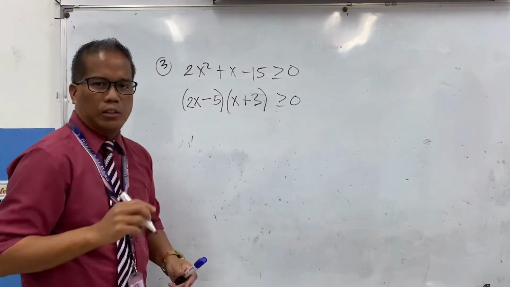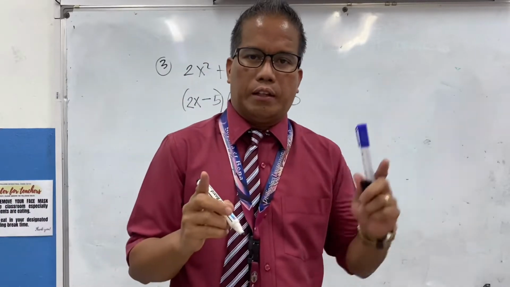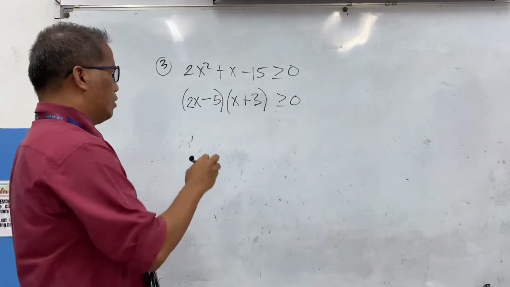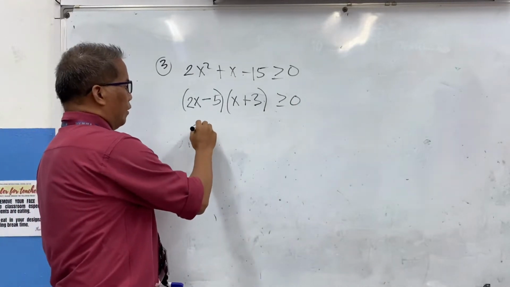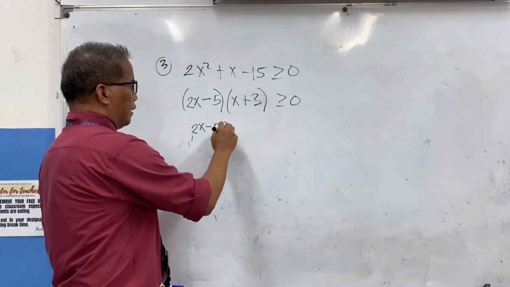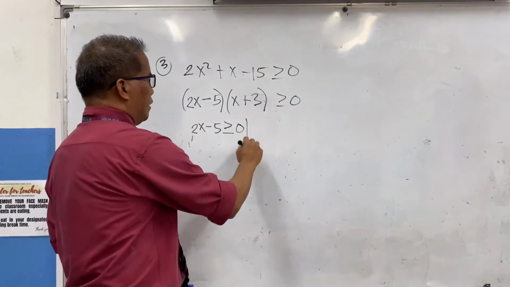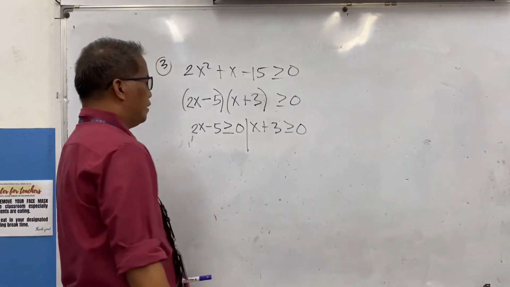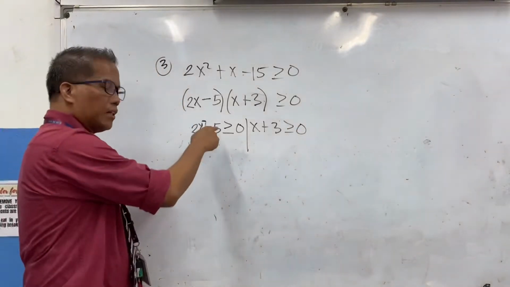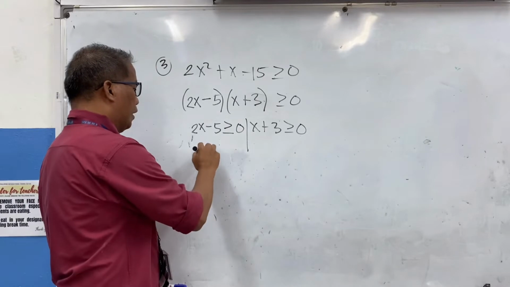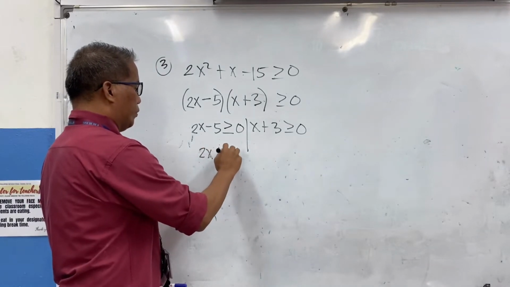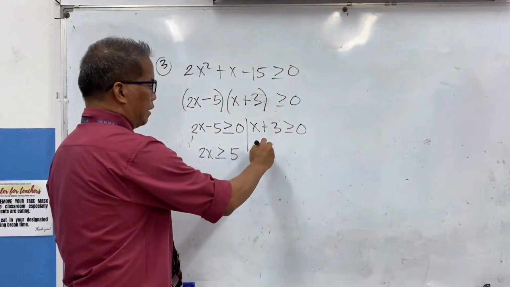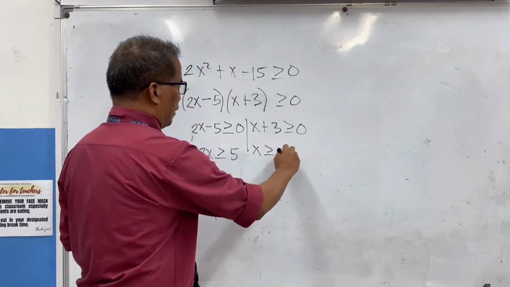Alright, then equate these two inequalities to 0, so we have now 2x minus 5 greater than or equal to 0, then x plus 3 greater than or equal to 0. Then transpose negative 5, we have 2x greater than or equal to 5, and the other side will be x greater than or equal to negative 3.